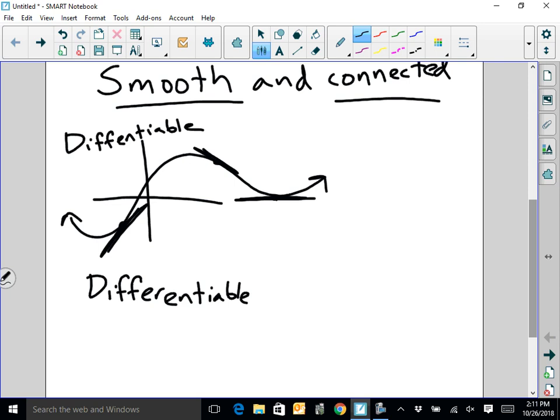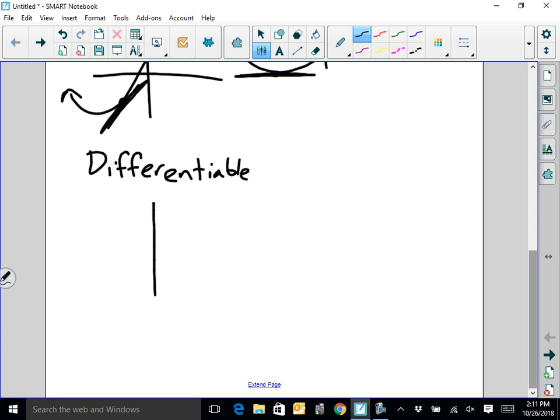Here's another differentiable graph. Linear graphs are always differentiable. That thing is connected, right? It's a continuous graph, but I can find a derivative anywhere. The derivative is simply going to match the slope of the line because it's linear. So linear functions are differentiable.